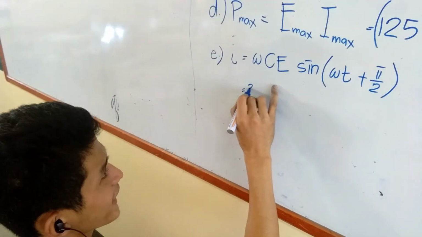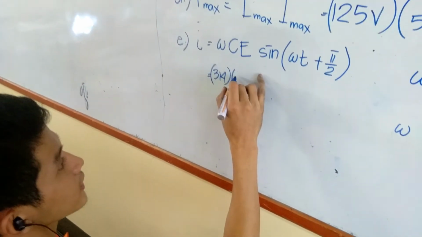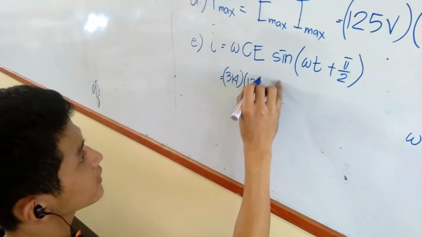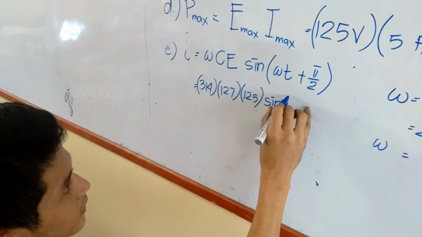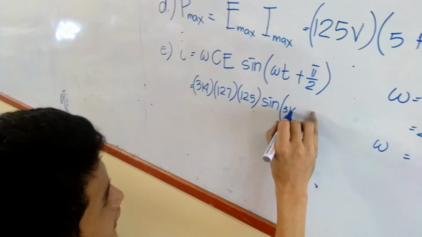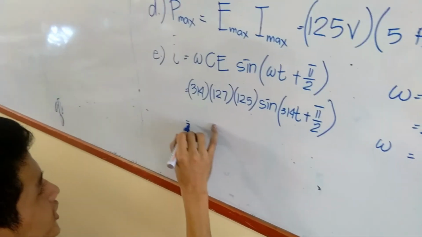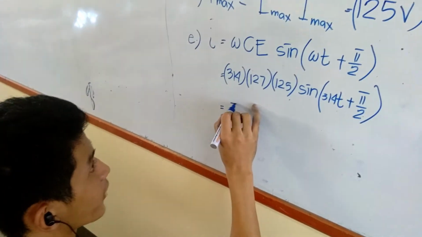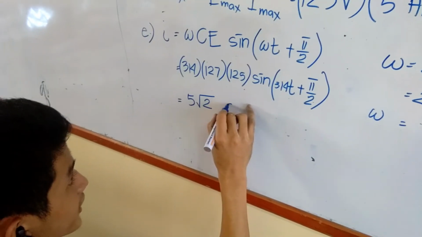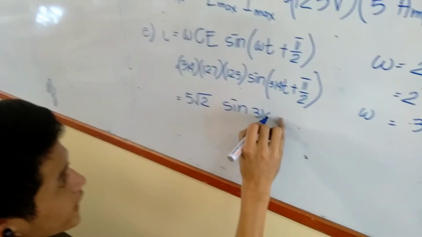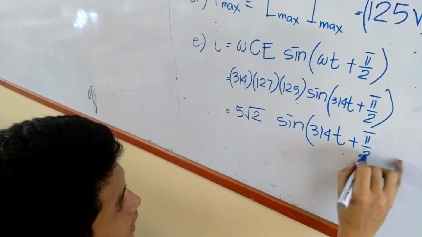So, 314 times the capacitance, which is 127, times 125 sine 314t plus pi over 2, which is equal to 5 square root of 2 sine 314t plus pi all over 2.